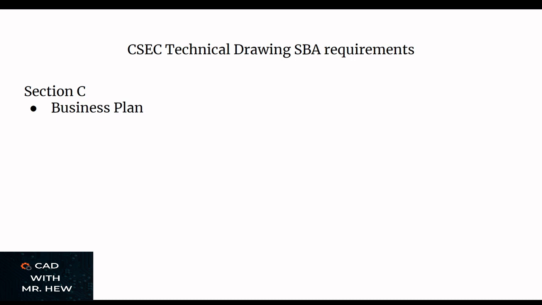Having completed the mechanical drawing, right? Then the next item in section C is a business plan, right? A business plan is a formal document, right? Which would set out the business, it would describe the business in words, all right? So they would produce a document to outline how they plan to organize and run their business, okay?